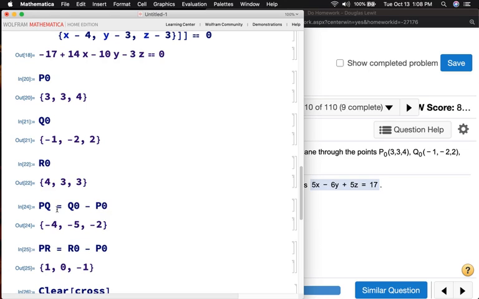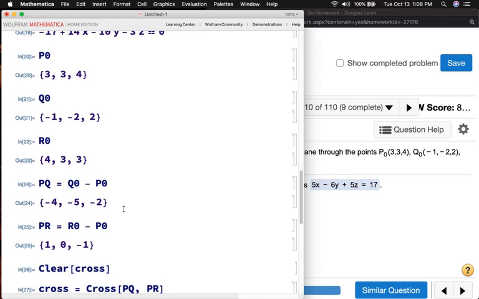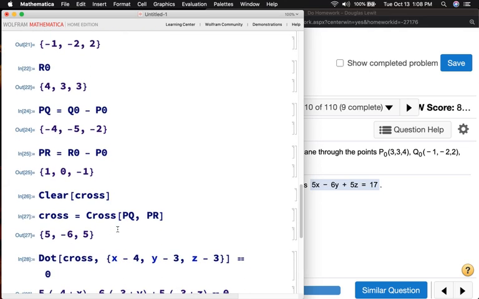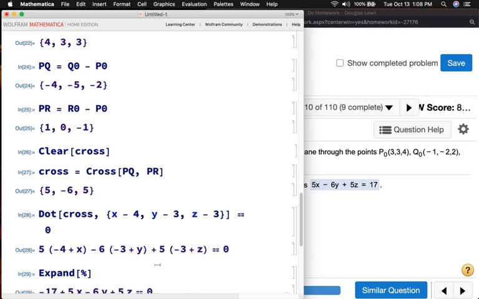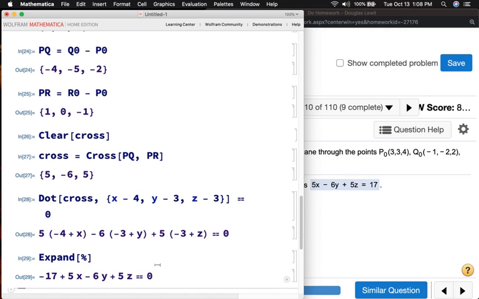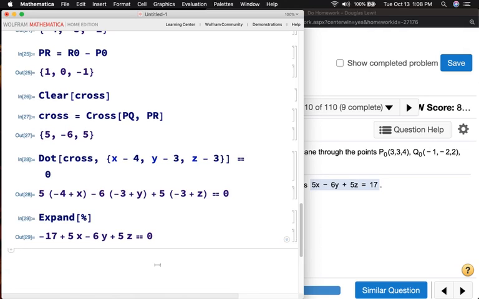So PQ is Q0 minus P0. PR is R0 minus P0. Then I take the cross product of those 2 vectors, and I dot that with one of the points, and of course I set it equal to 0, and then that's going to give me the equation of my plane. Okay?